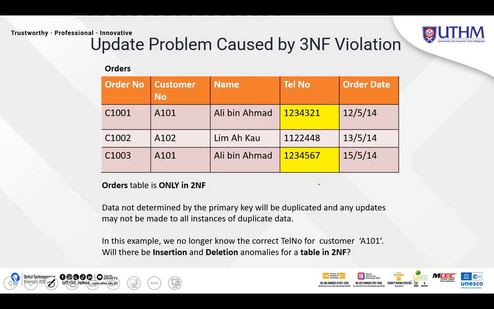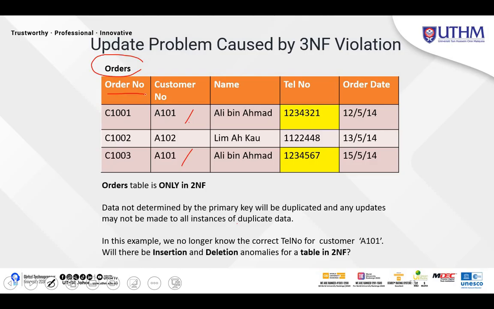Okay, let's see what problems we will face when we have this transitive dependency in our table. So we have a customer table, orders table, with the same customer. Data not determined by the primary key will be duplicated, and any updates may not be made to all instances. Supposedly, this is an order table and order number is the primary key, right?